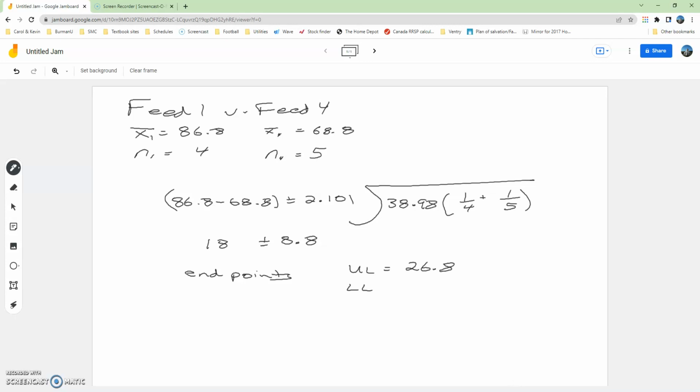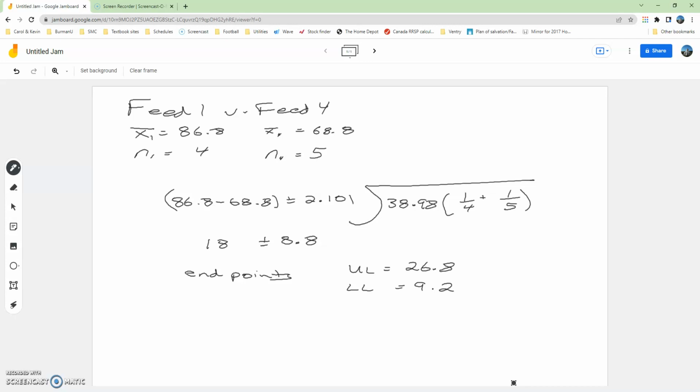And the lower limit, 18 minus 8.8, gives us a value of 9.2. So because we took a sample, we are 95% confident that the difference between feed 1 and feed 4 is somewhere between 9.2 and 26.8 kilograms.